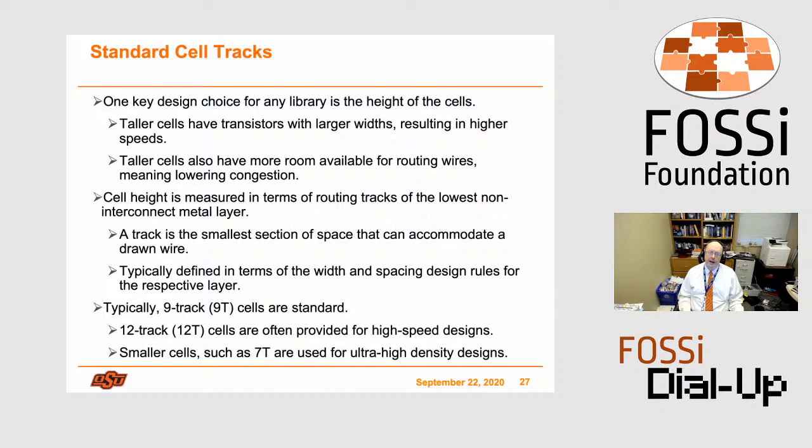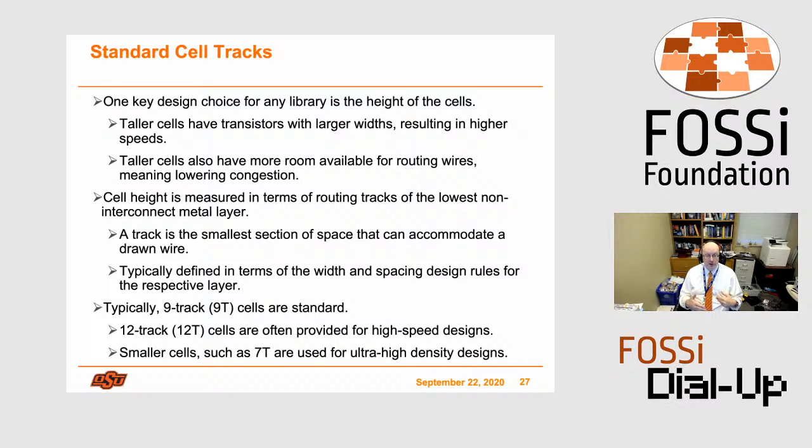So one of the key elements of our library, which is more getting into the details of this, is the height of the cell. And the height of the cell really is contingent on how the routes go together. Taller cells will have transistors with larger widths, which will result in higher speeds.